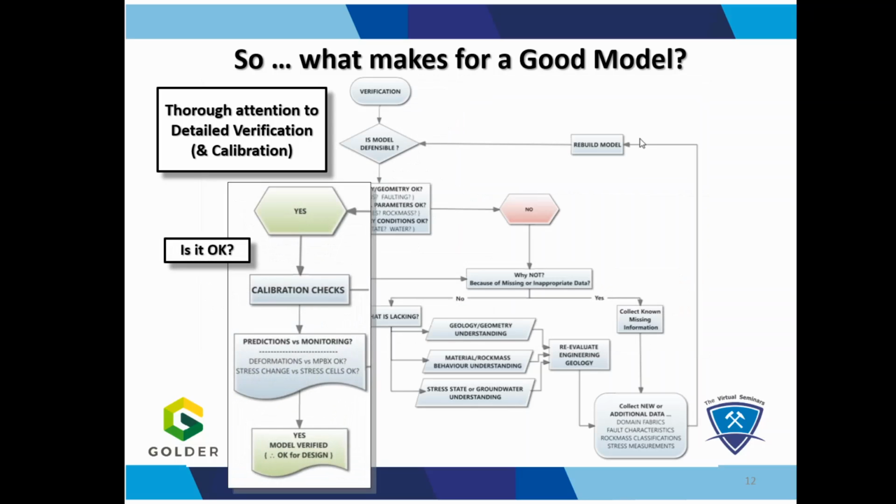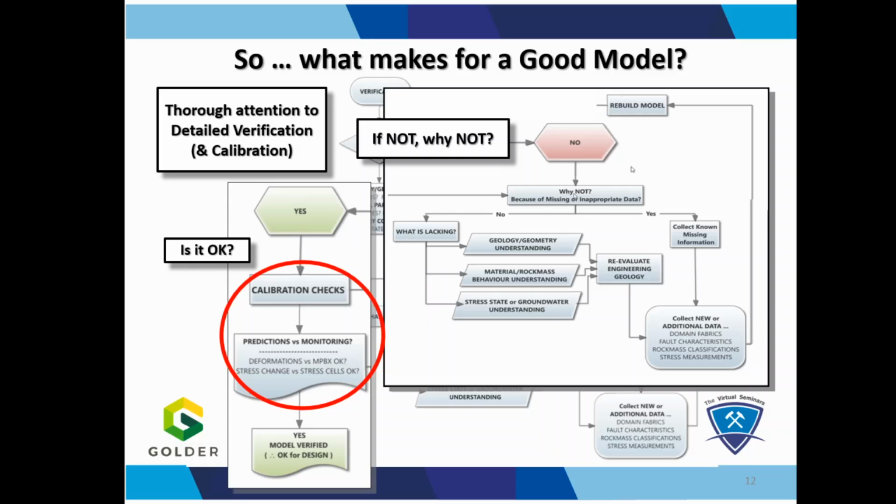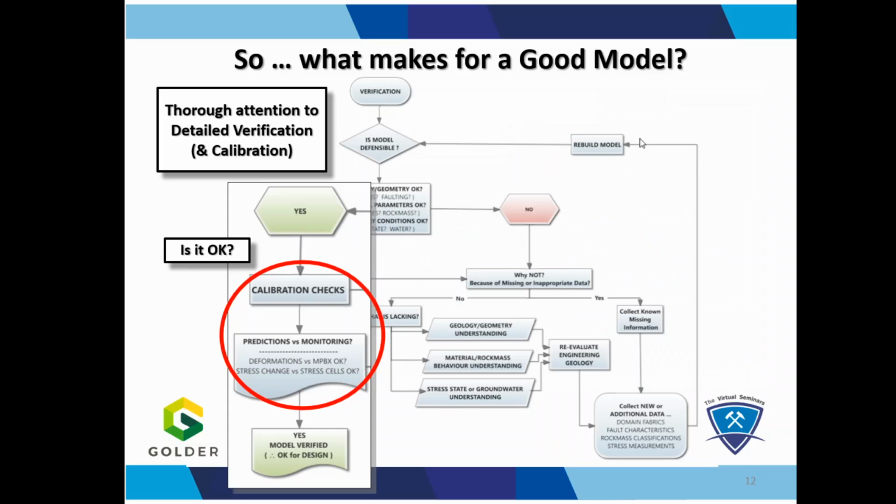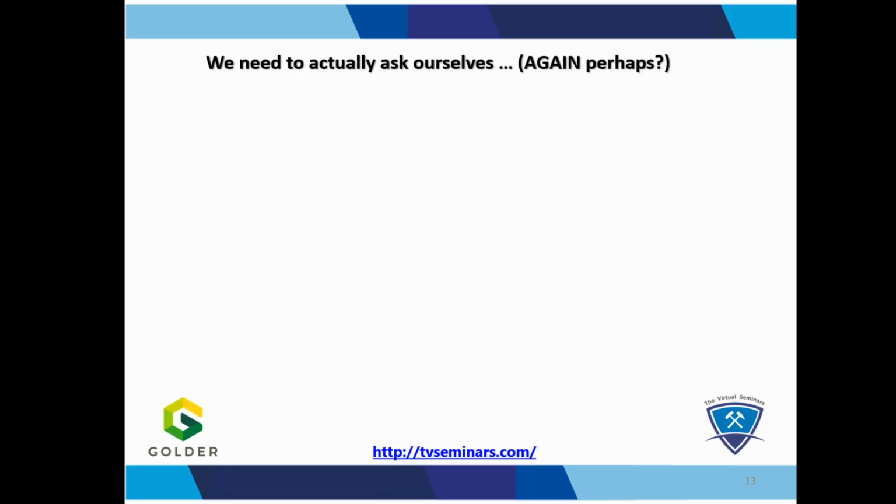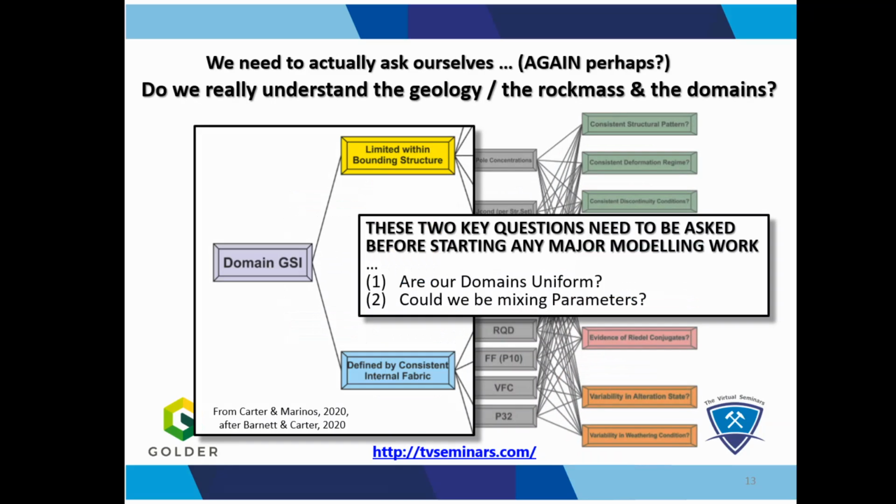If it's yes, the calibration checks show our predictions matching monitoring, fine. But if not, why not? Is it because we didn't understand those basic principles correctly? We need to actually ask ourselves, are our domains uniform? And could we be mixing parameters?